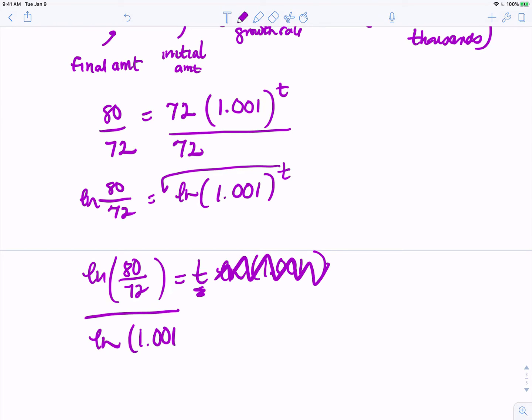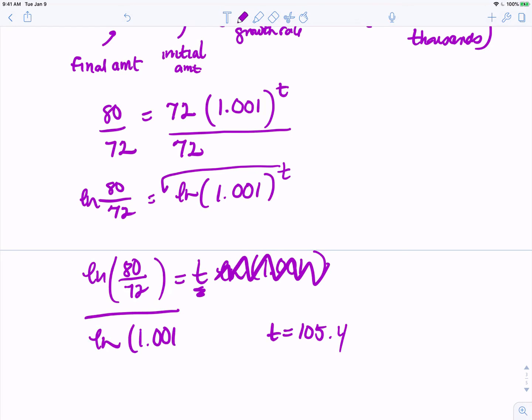That will get rid of it on the right side, and if we put this into our calculator, we'll have our answer. So the natural log of 80 divided by 72, and we want to divide that by the natural log of 1.001. And so that comes out to be t is equal to 105.4.